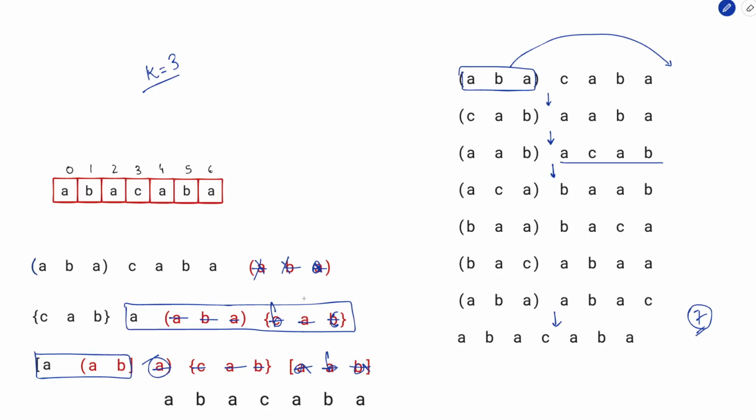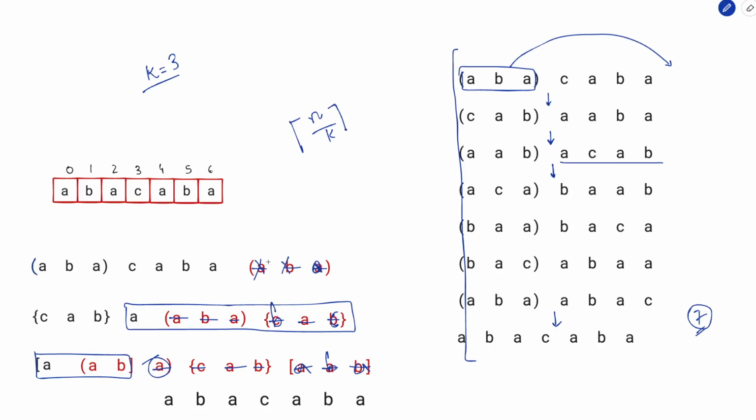Now in how many operations will you be able to touch every character? The answer is n by k ceiling, right? So now we know that in n by k ceiling operations, we are able to get the original string back. Previously, remember, with the earlier set of operations, you were getting a large number of operations.